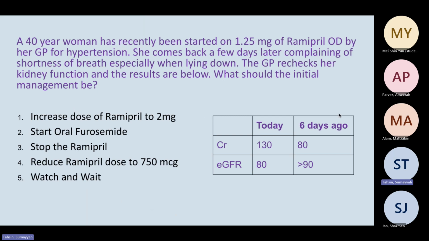Okay, so now onto an SBA then. I'll let you guys read the question. I'll give you a minute, and then if anyone wants to have a go, please shout out, and then we will go over it.